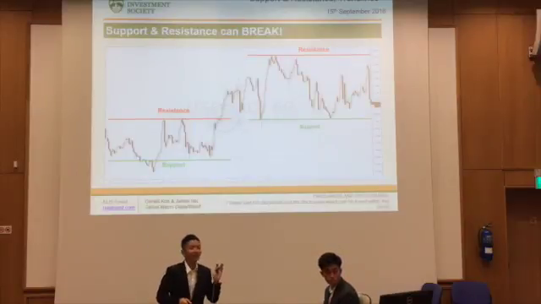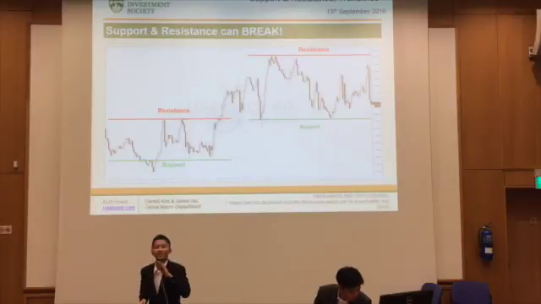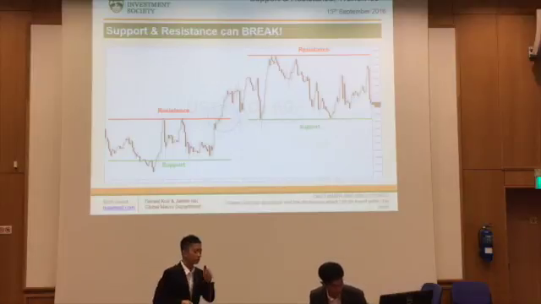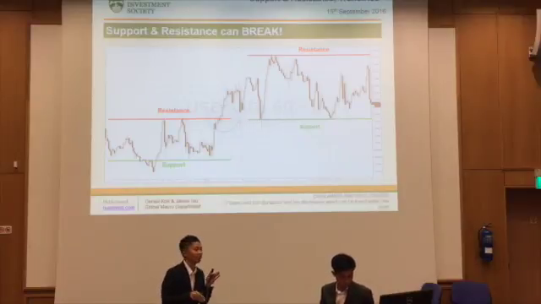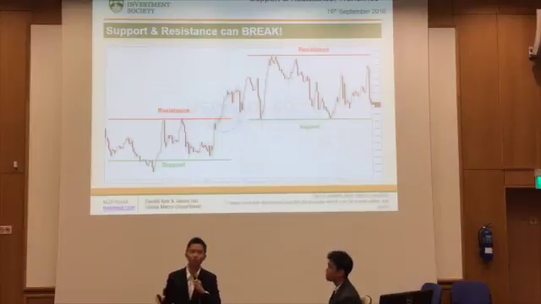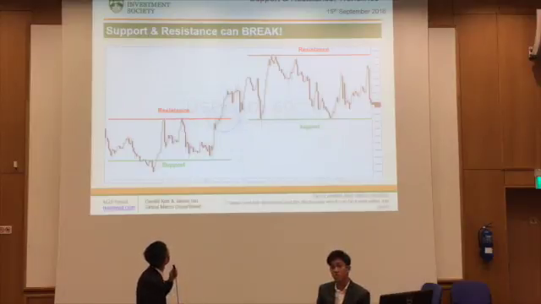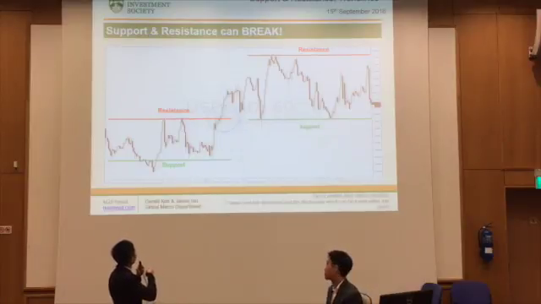One characteristic is that support and resistance can actually break. Just like I told you earlier, support and resistance is like a wall. Whenever you hit the wall, you will bounce back. But in actual fact, when you're trading in real life, support and resistance can break. So let's say you're doing a trade right here.